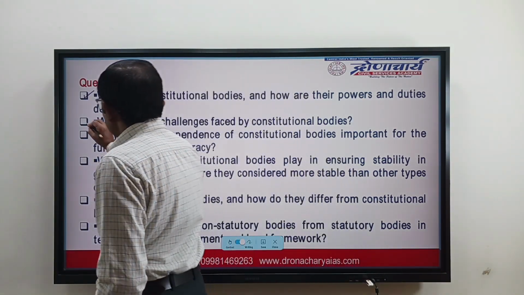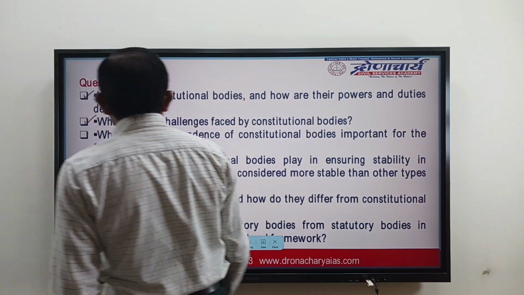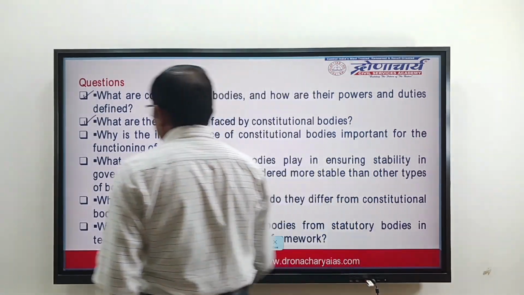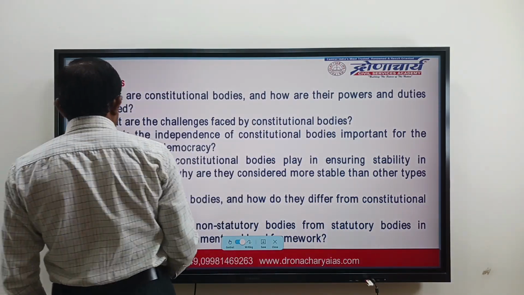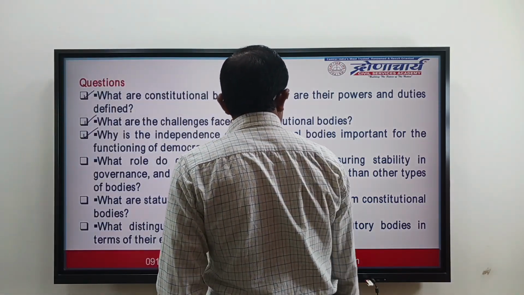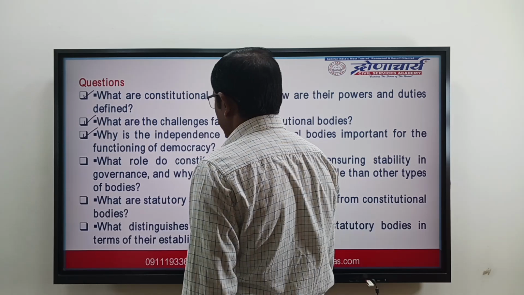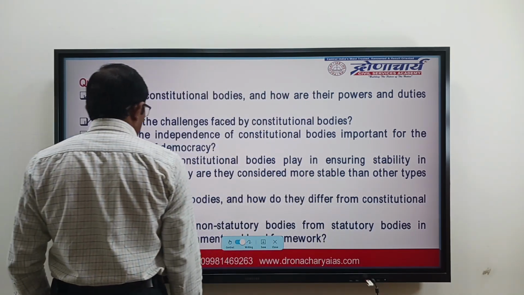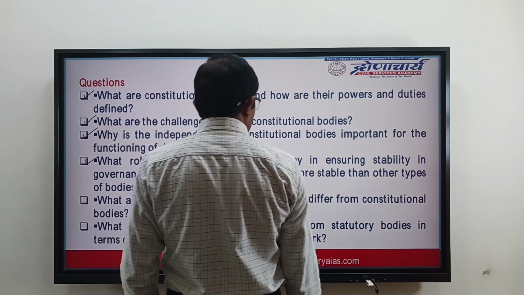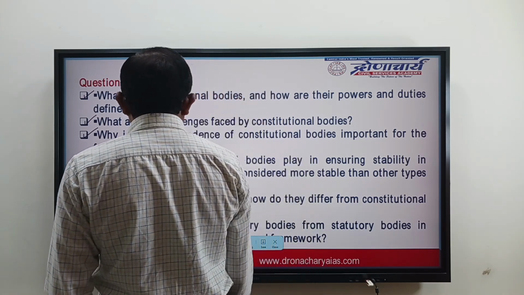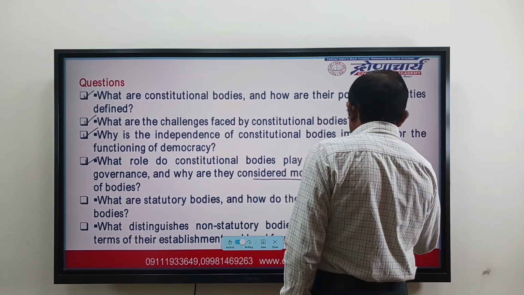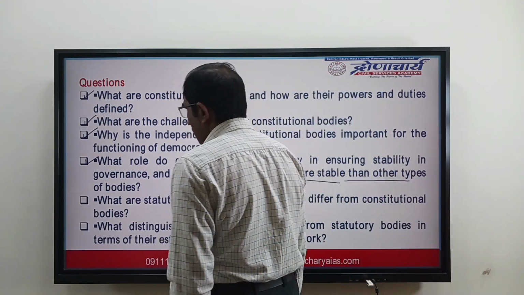Next question, what are the challenges faced by constitutional bodies? Next question, why is the independence of constitutional bodies important for the functioning of democracy? Next question is, what role do constitutional bodies play in ensuring stability in governance and why are they considered more stable than other types of bodies?